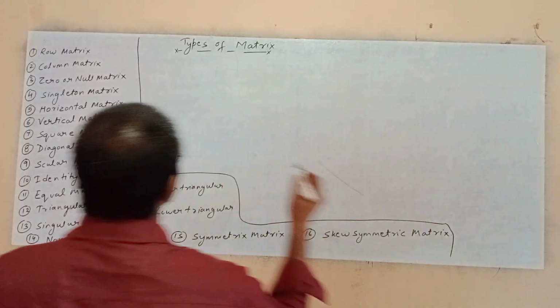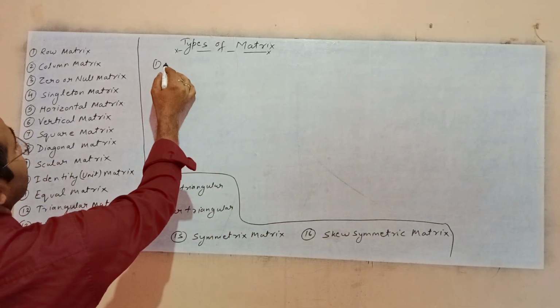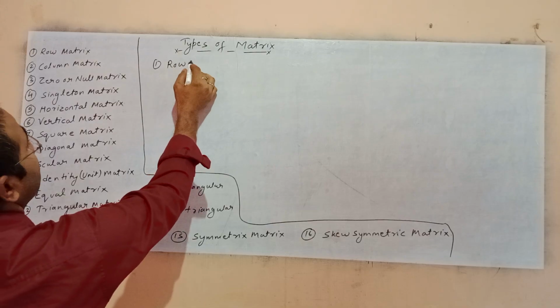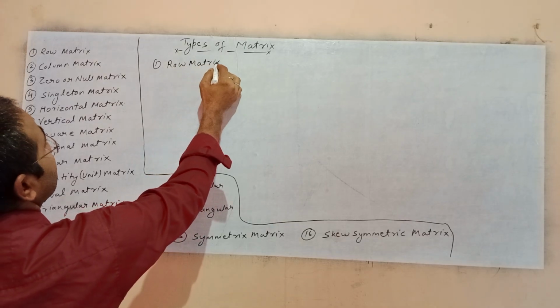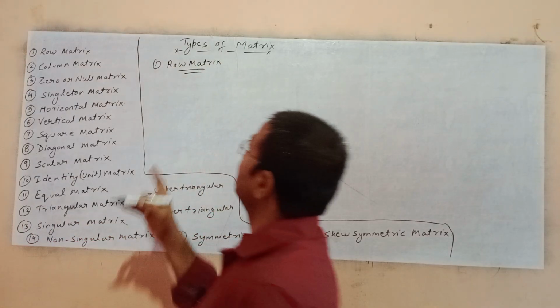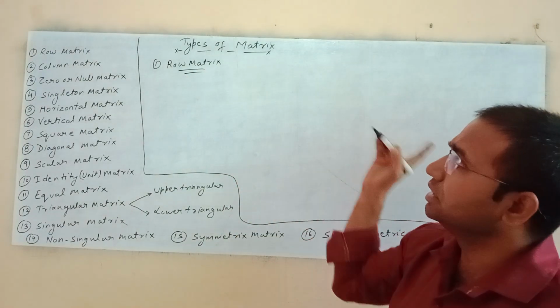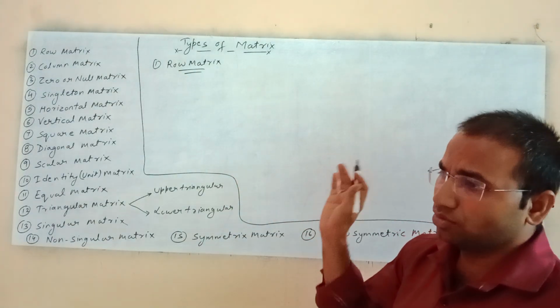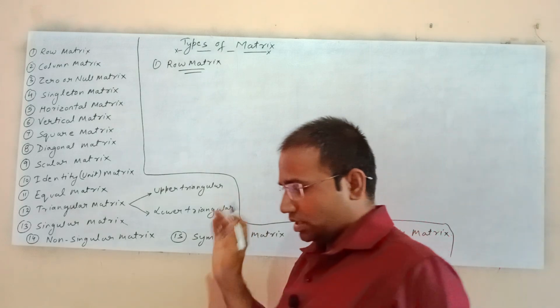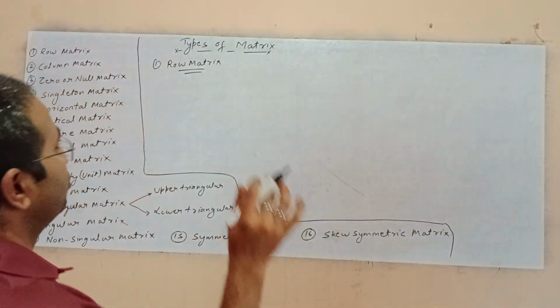See here, the first type of matrix is row matrix. From the word row, it is clear that there will be a single row. If there is a single row in a matrix, then that matrix is called a row matrix.